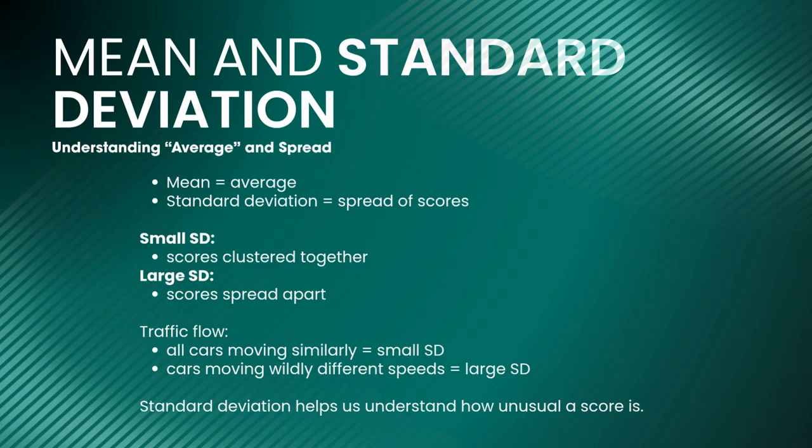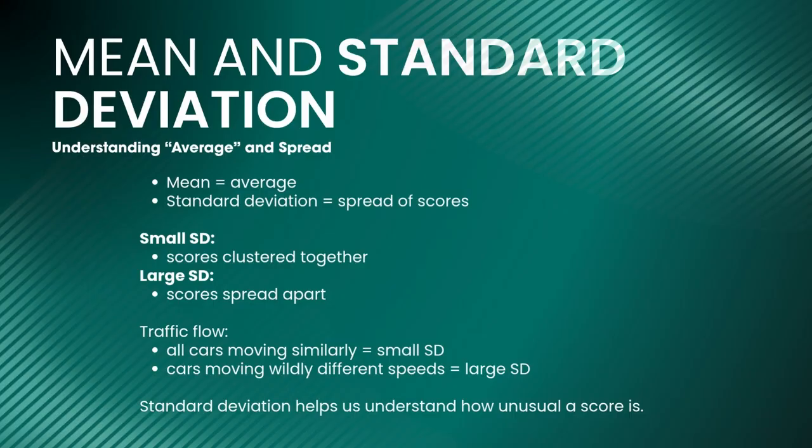Now we move on to statistics language a little bit more. The mean is simply the average. The standard deviation tells us how spread out scores are around that average. A small standard deviation means that most scores cluster together closely. A large standard deviation means that scores are more spread out. You might want to compare this to traffic. So imagine rush hour on a highway.